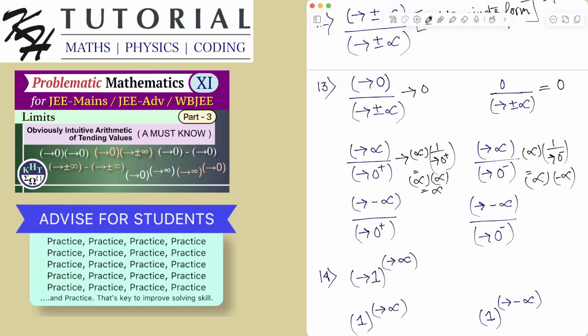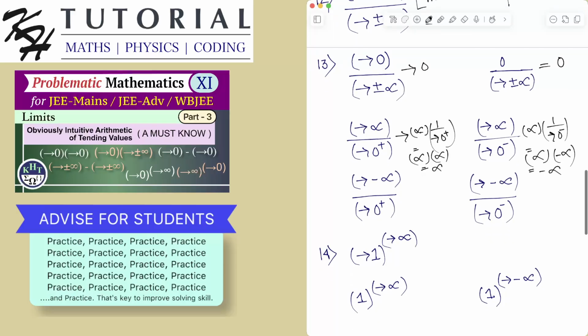So infinity multiplied by negative infinity is negative infinity. So infinity by tending to 0 negative is negative infinity.